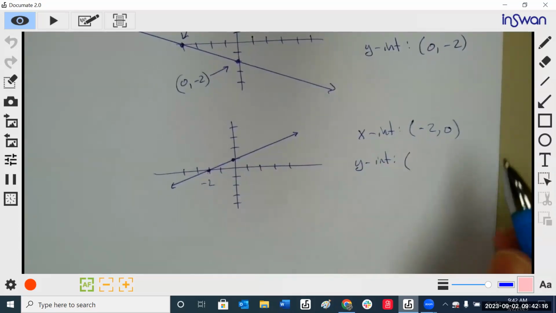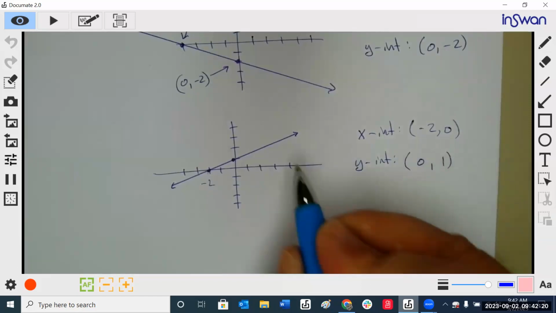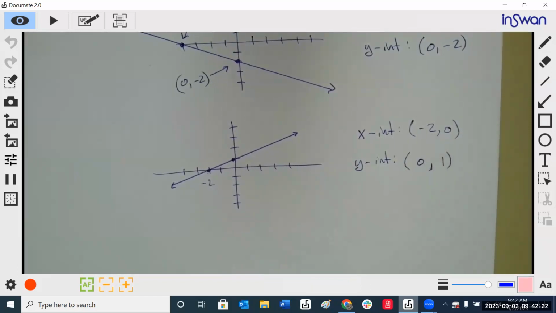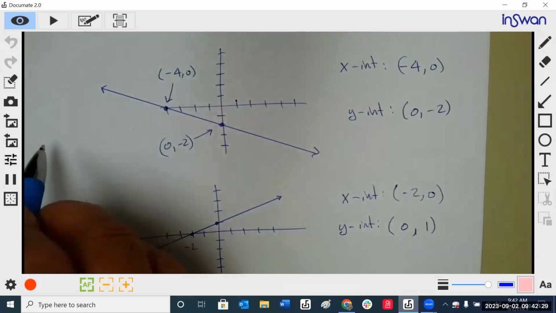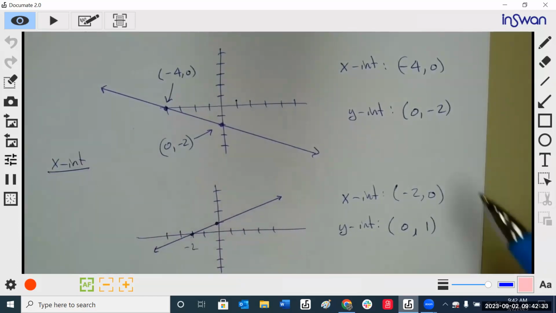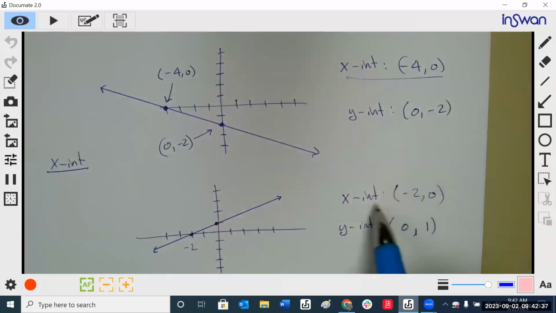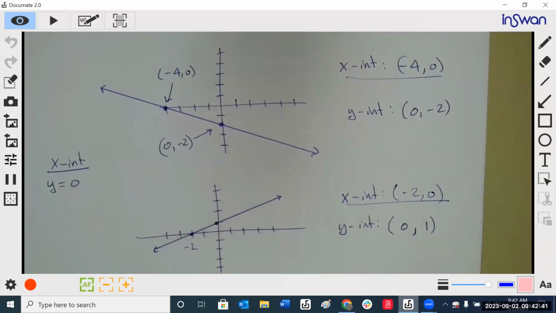How about the y-intercept? 0, 1. You notice for the x-intercepts, what do they both have in common? Yeah, y is equal to 0.